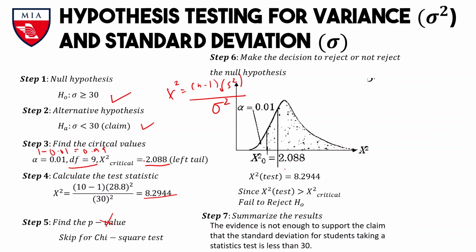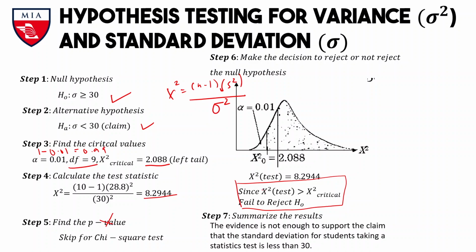Is it inside the critical region? Since chi-square test is greater than chi-square critical, we fail to reject our null hypothesis. That's the decision we can make.